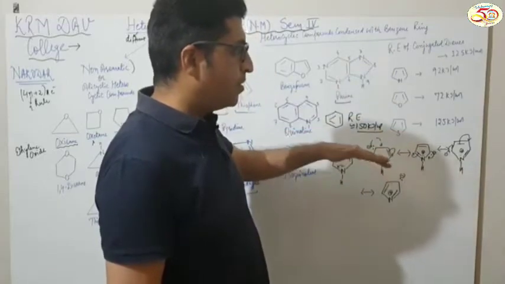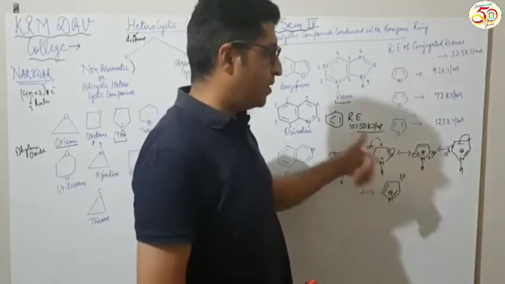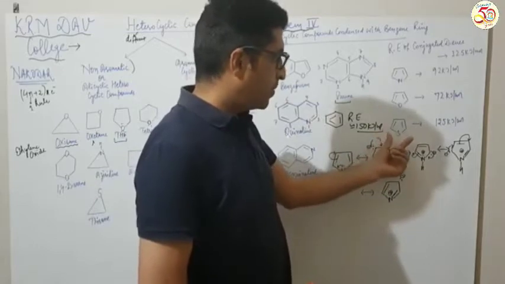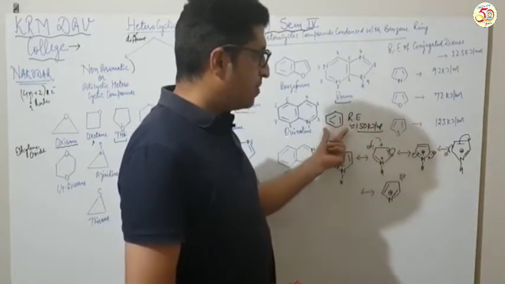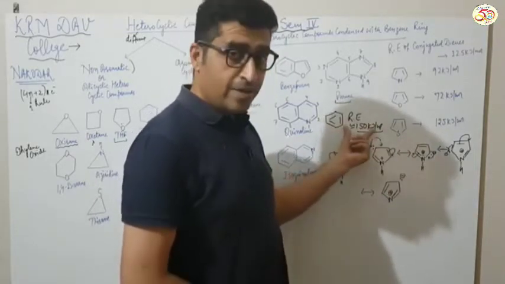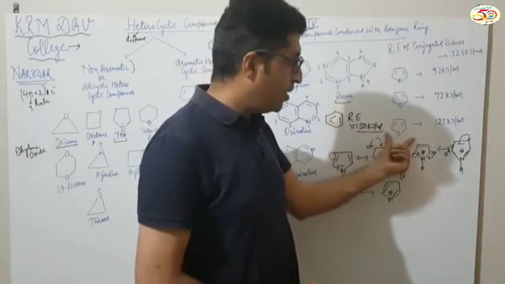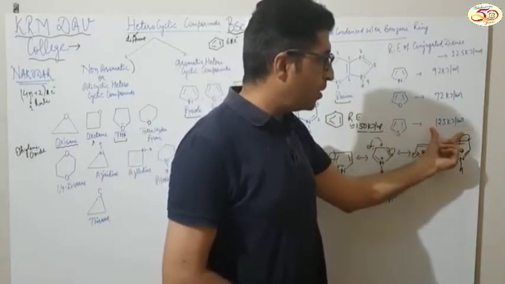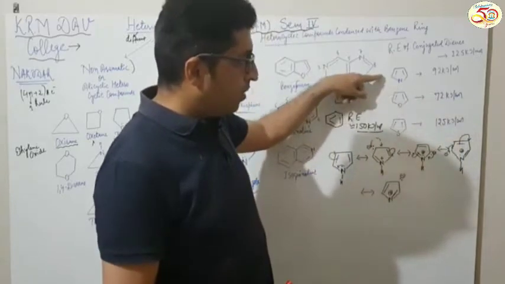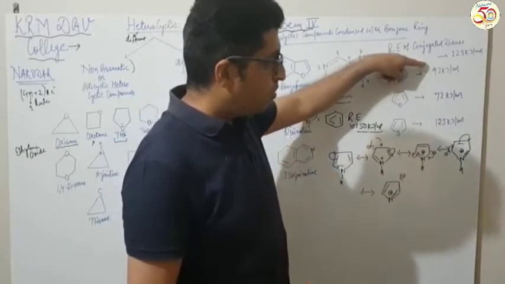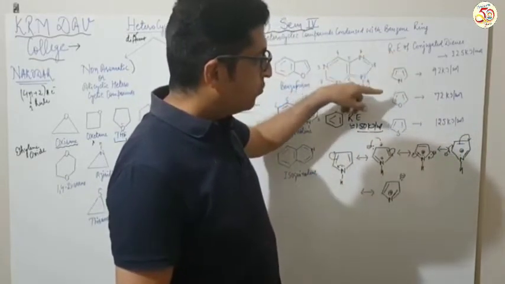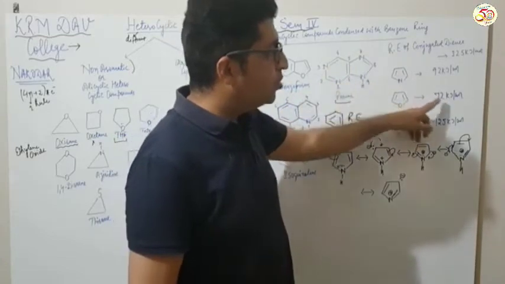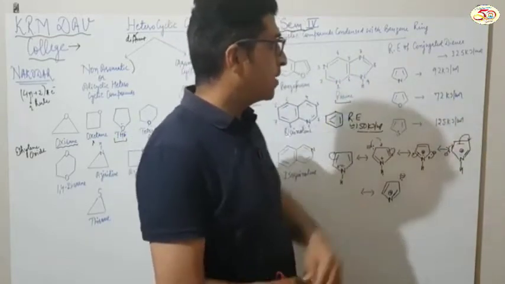Let me compare on the basis of decreasing order. You see, first of all comes benzene, having maximum resonance energy. Then comes thiophene, 125 kilojoule per mole. Pyrrole, 92 kilojoule per mole. And furan, 72 kilojoule per mole.